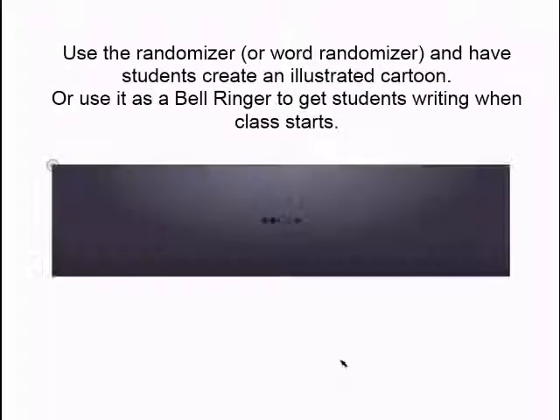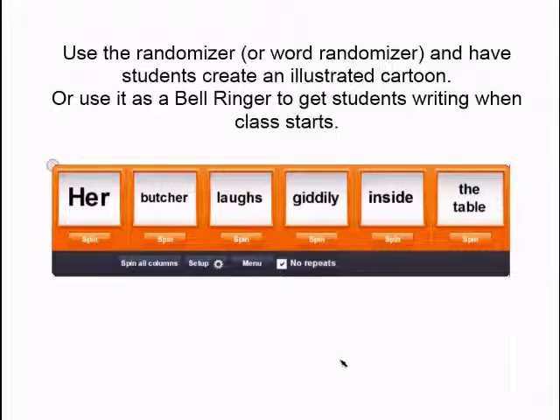Page number 3 is use the randomizer or word randomizer and have students create an illustrated cartoon, or use it as a bell ringer to begin class while you're doing some paperwork perhaps, or taking attendance, or monitoring the hall.